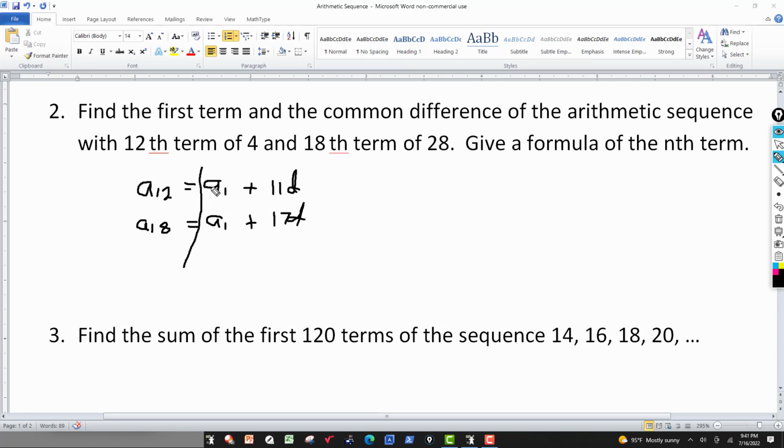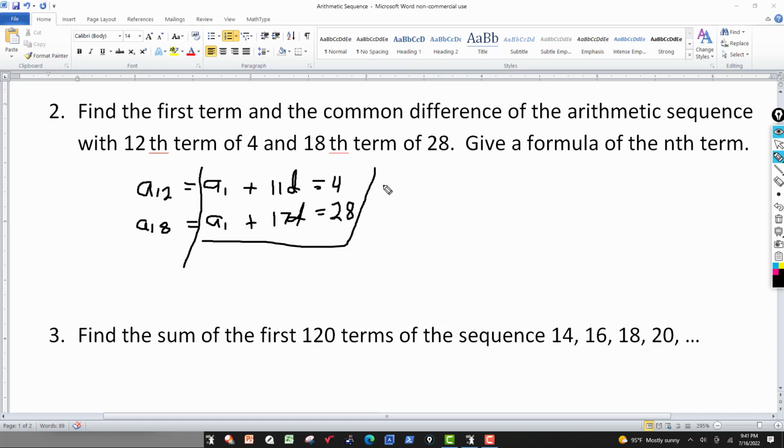So we're just interested in the right side of each of these, A1 plus 11D and A1 plus 17D. And we know that the 12th term is equal to 4. So that's how I get my equation, equal to 4. And the 18th term is 28. So to solve this problem, basically you just have to go through and solve a system of equations, in the variables A1 and D.